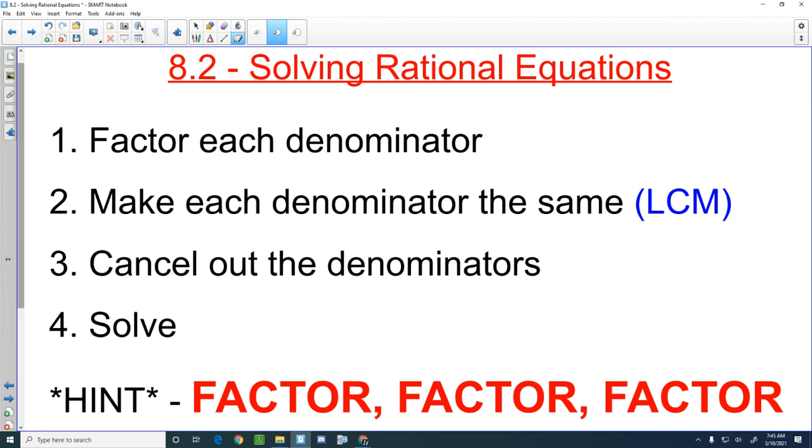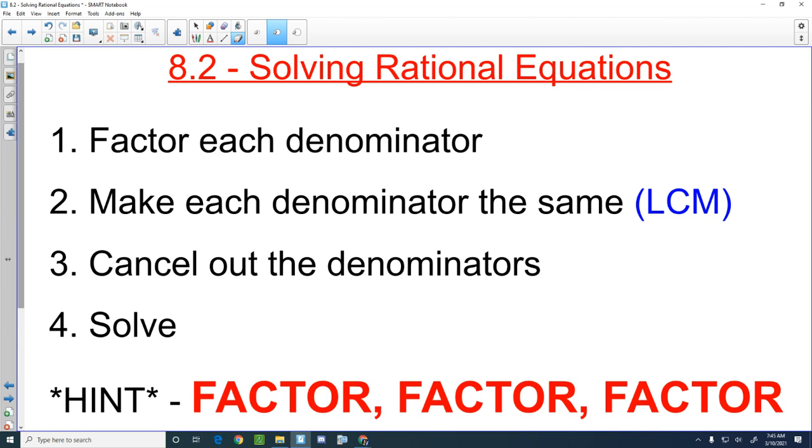Once it's all been factored, we essentially want to look at those denominators, and we want to make them the same. Think about the LCM. This is just like adding and subtracting. We needed to have a common denominator. So for solving these equations, we also want to have a common denominator.